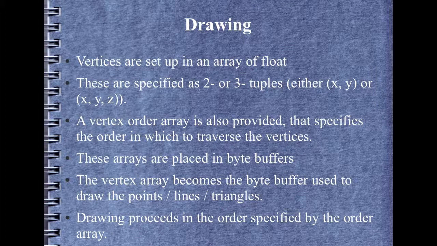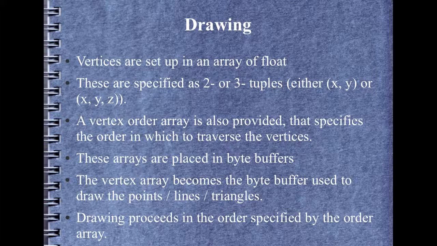And then the drawing will proceed in the order specified by the order array, which becomes an order byte buffer. The order array, I didn't mention, these points of order, let's say, are shorts. So the vertices are floats. Each coordinate of the vertex is a float, and then each member of the order array is a short.